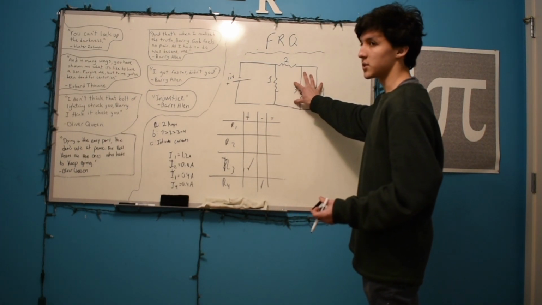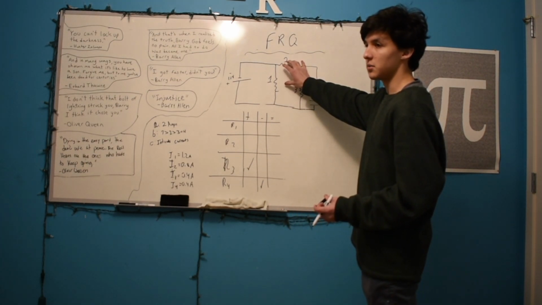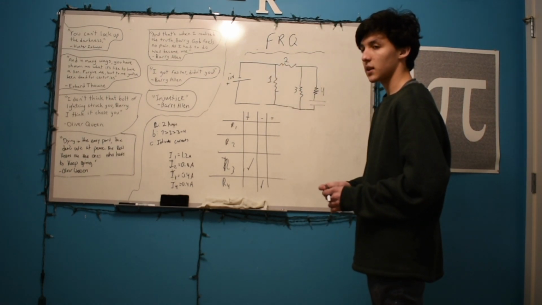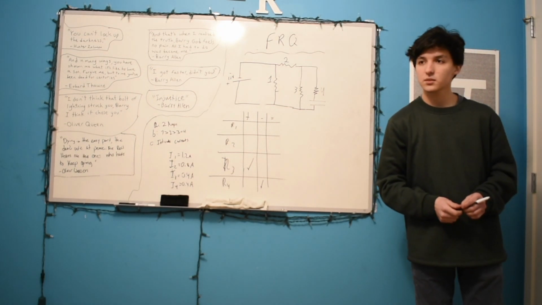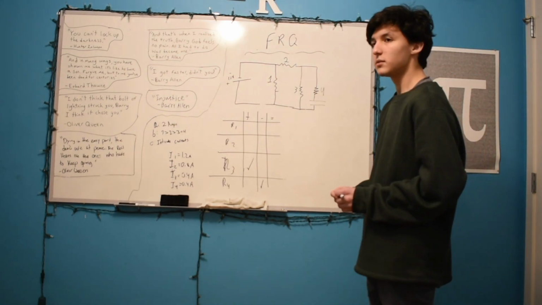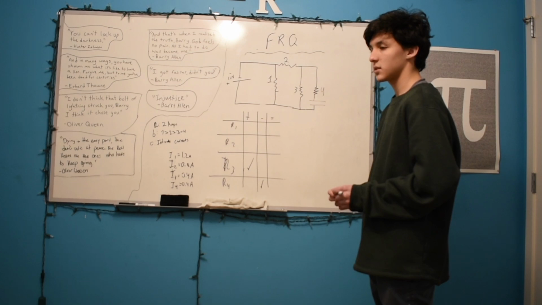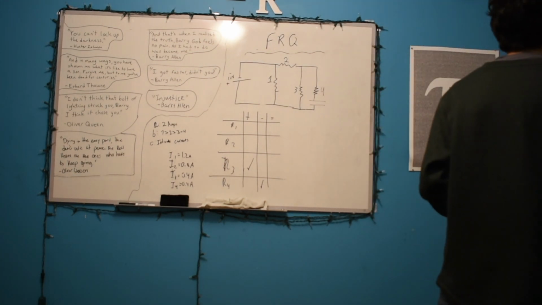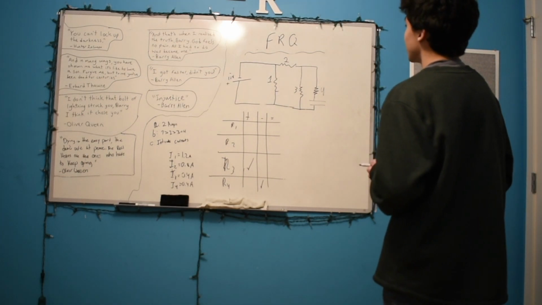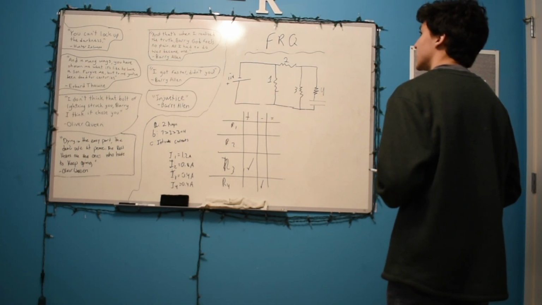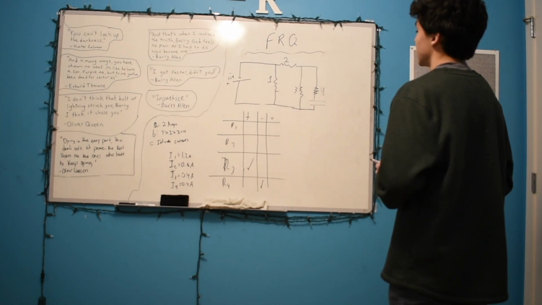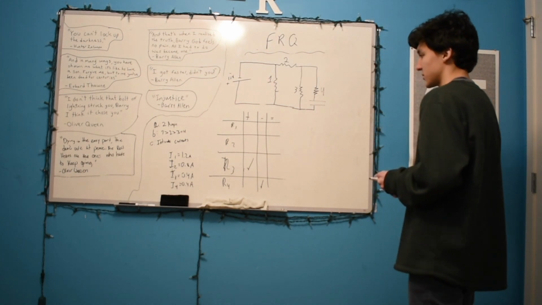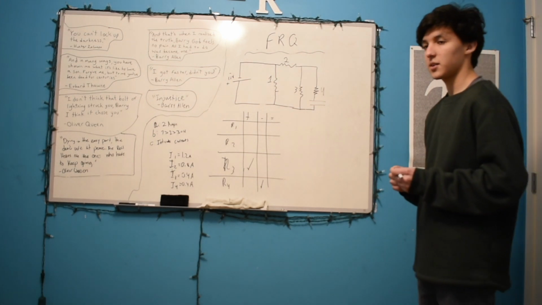The net is still 0, so wouldn't that still be the same thing going to this one? I'm gonna say less, but I don't know why. This one's a little tough.